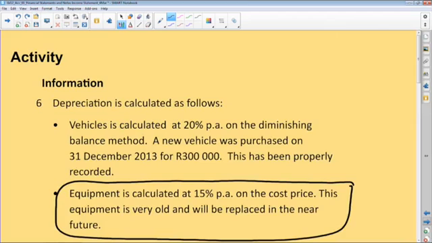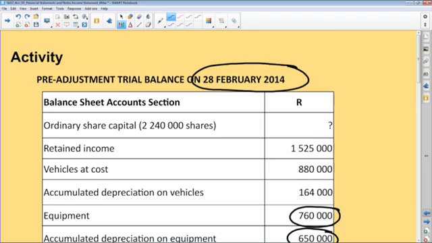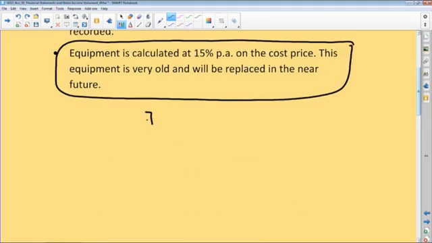If I take my 15% per annum on cost and I say, fine, let me calculate my depreciation, which is 760,000, right? 760,000 is my cost price. Remember, I use ART, amount, rate, and time, times 15 over 100, times 12 over 12.